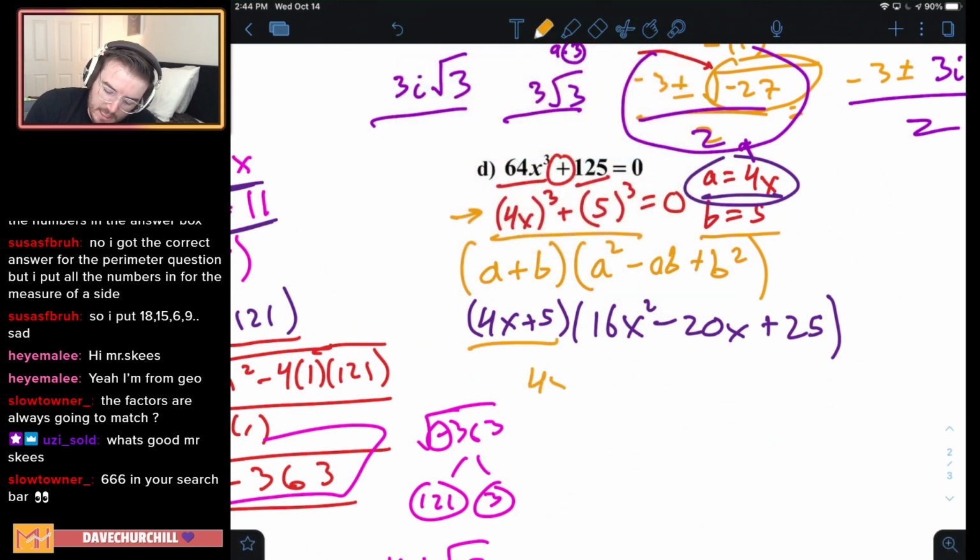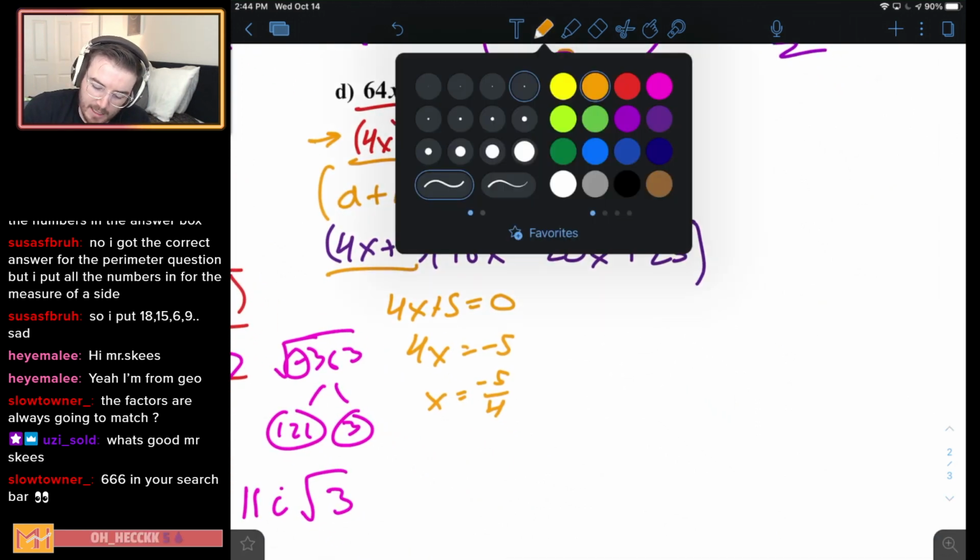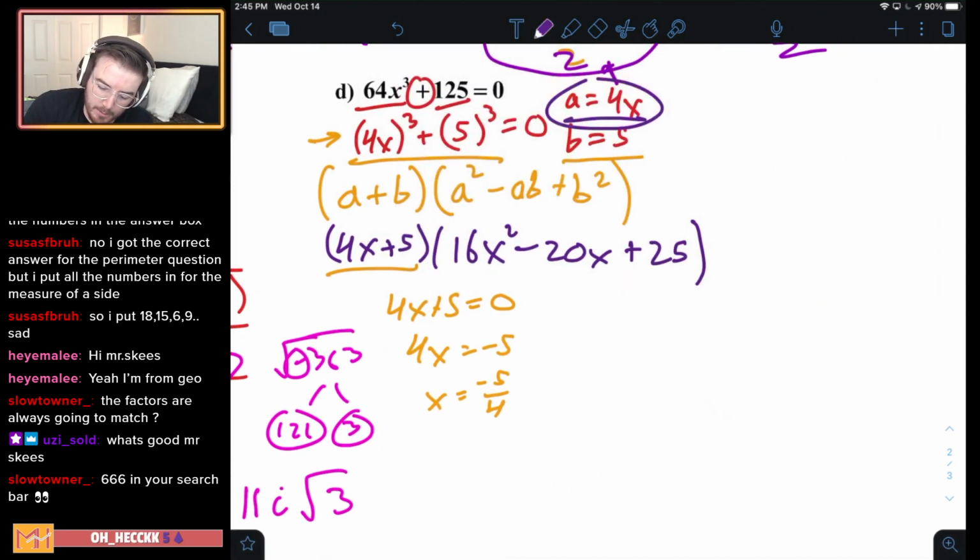This gives you the easy solution of negative 5/4. And as I said earlier, and I'm going to say it one more time, this doesn't factor. And this is especially gross with this lead coefficient of 16. It's not looking too pretty at the moment, okay?